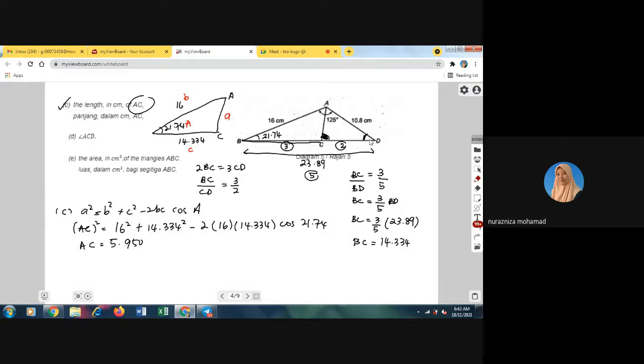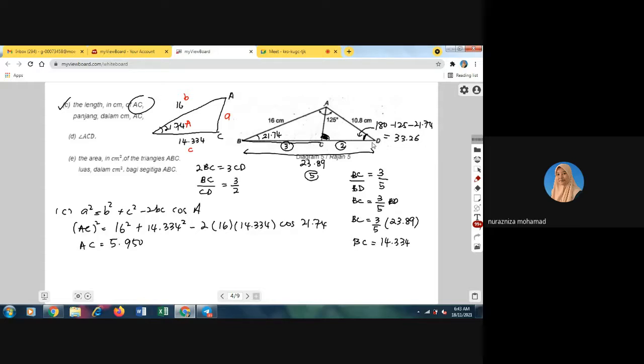So this angle will be 180 minus 125 minus 21.74. So this angle is equal to 33.26.